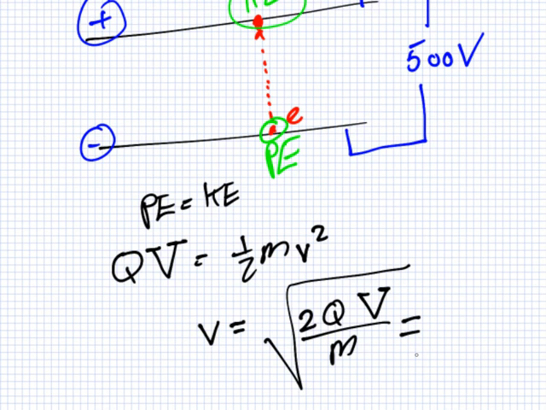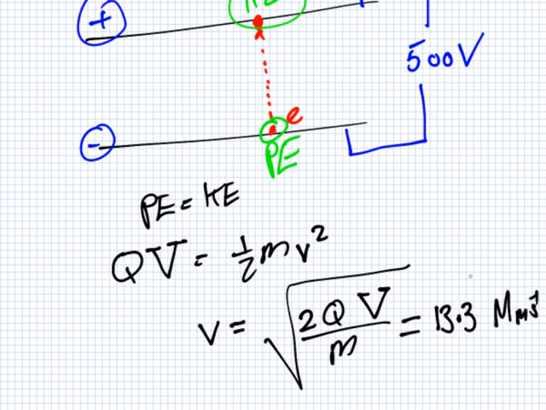So if I type all the numbers in and square root my answer, I get a pretty big number, so I should maybe divide it by 10 to the, make it megas. It'll be 13.3 mega meters per second.